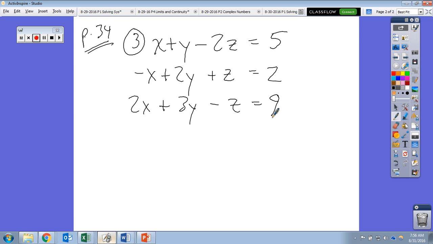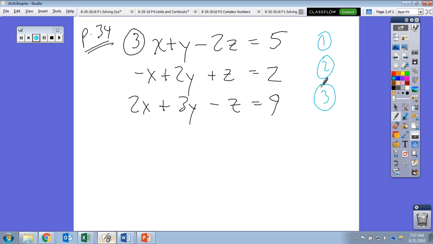Okay, so again, I'll label these for clarity. We'll call this equation 1, equation 2, and equation 3. So looking at this, I'm looking at what I can eliminate fairly quickly.